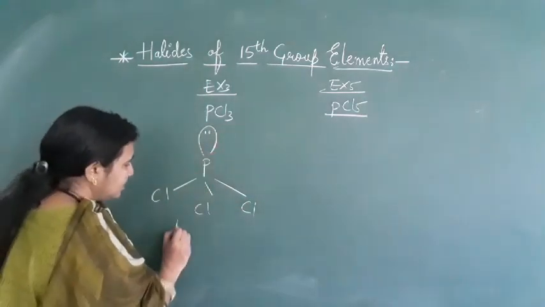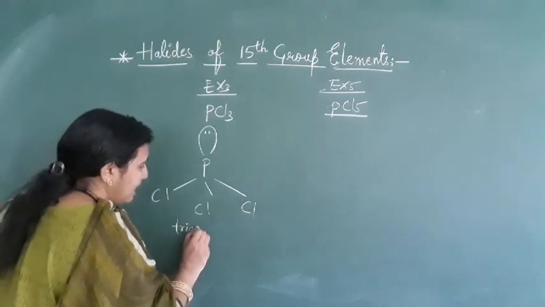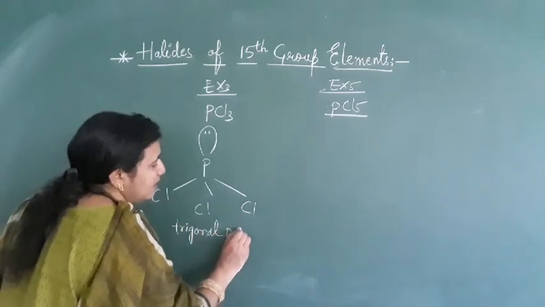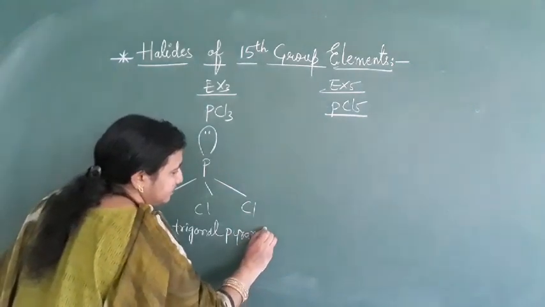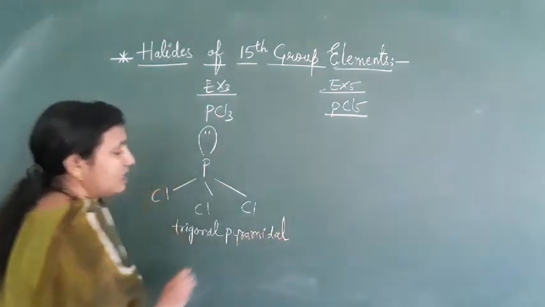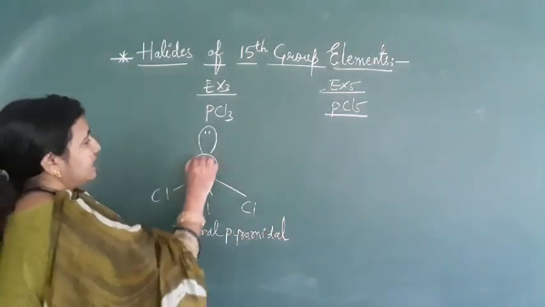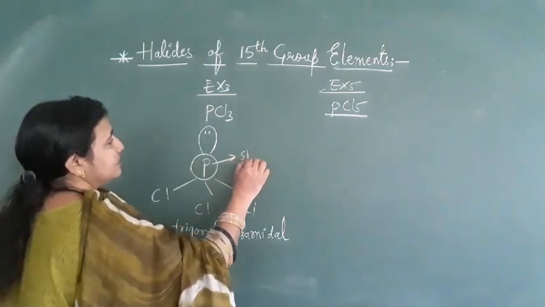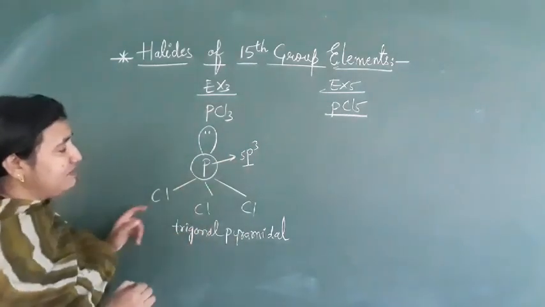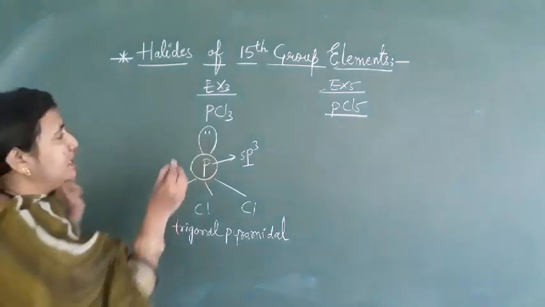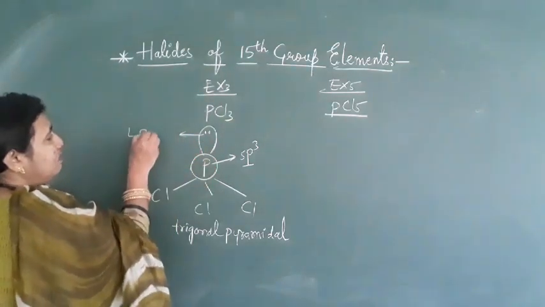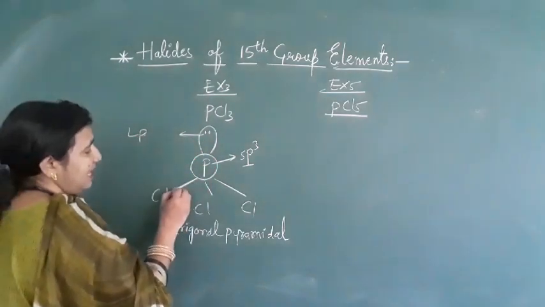This structure is trigonal pyramidal, and the central atom phosphorus has sp3 hybridization.